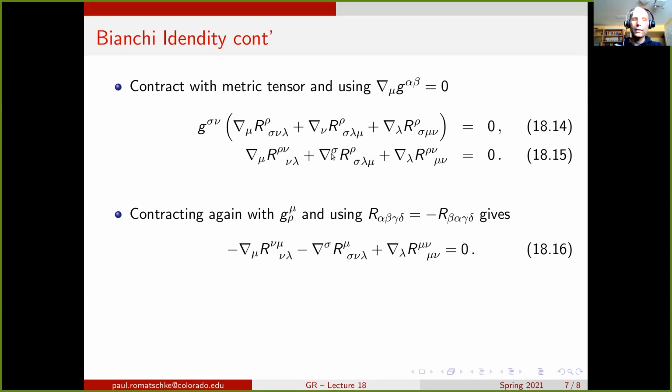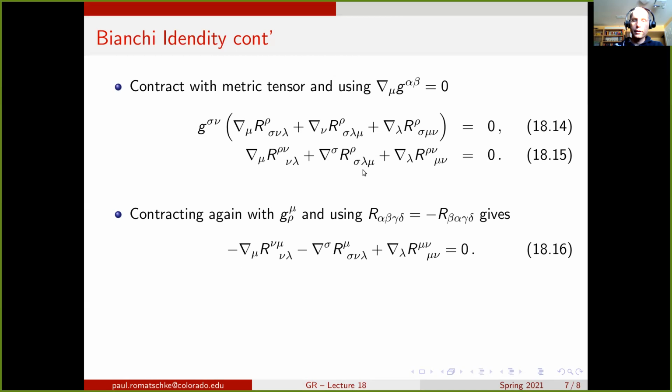For the second term, we replace the rho by mu, and we swap the order of mu and lambda, so we get mu here.